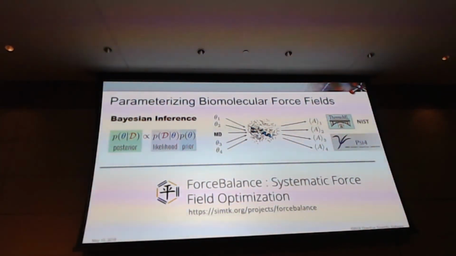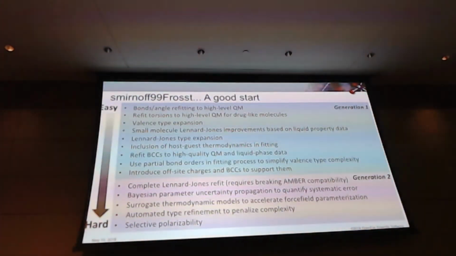The observable could be things like the hydration free energies or the densities or static dielectric constants that we're getting very good experimental measurements of through NIST, or it could be torsional potentials that we're getting from Psi4. Another thing we're not turning up our nose at, but willing to use, is the least squares type fitting engine from Liping Wang's lab. So both of these we'll be using for parameterization.